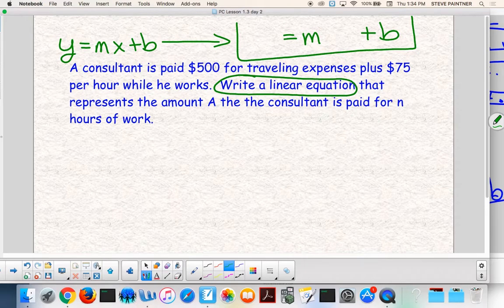Okay, you got something? I'll look. Wait, skip this. H is hours. What's Y? So this is a story time. Try to use variables that make sense. I mean, Y is okay.